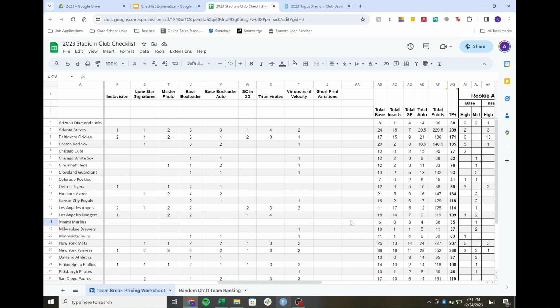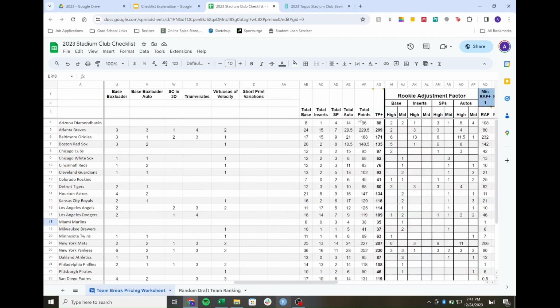So I total everything up and I designate each type of card as either a base card, an insert card, a short print card, or an auto card. The reason I do this is because base cards versus inserts versus short prints versus autos have different values when you're looking at the resale market. Base is obviously the lowest value. Inserts are usually a little bit more than base.